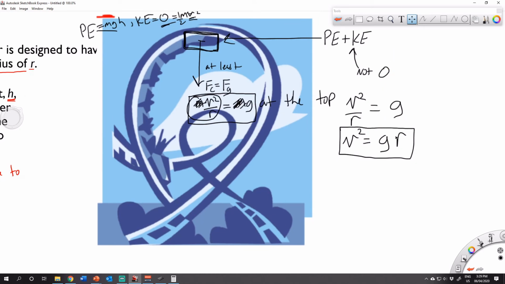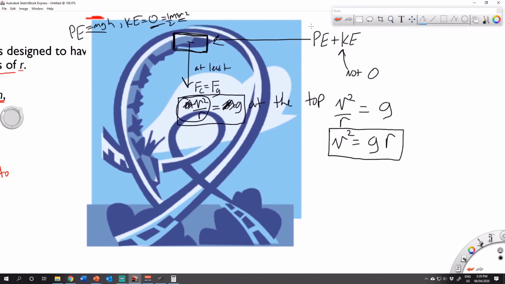At the top, we know that my potential energy and kinetic energy are added together. So potential energy we can calculate as mass times gravity times height. But instead of height, I'm going to use the fact that the height of the loop is basically twice its radius, so we'll just go 2r.